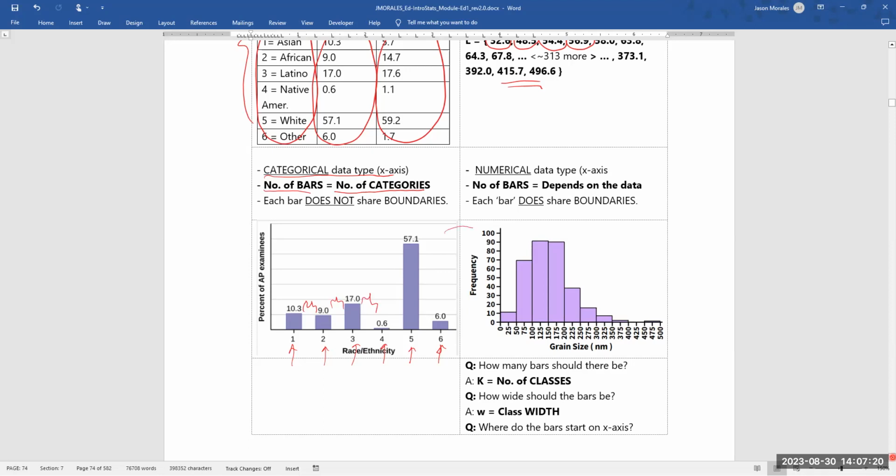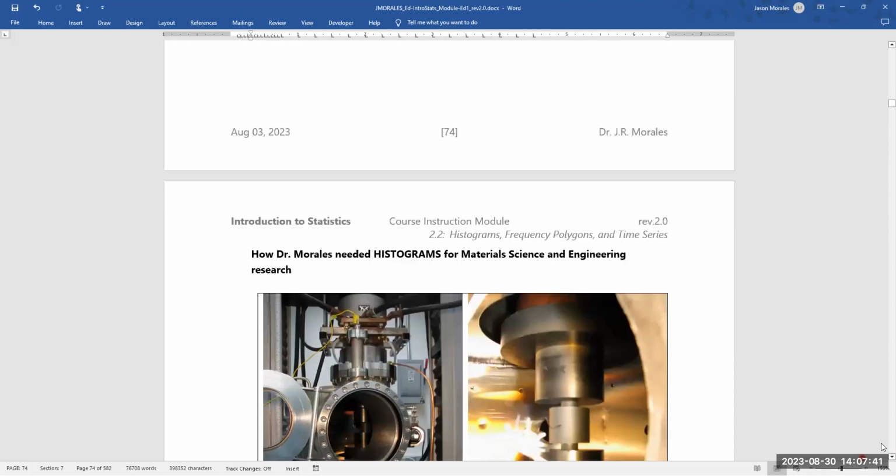Whereas over here on the right-hand side, we have a histogram, and a histogram is made of numerical data, but the number of bars depends on the data. The number of bars or classes in a histogram will depend on the size of the data.